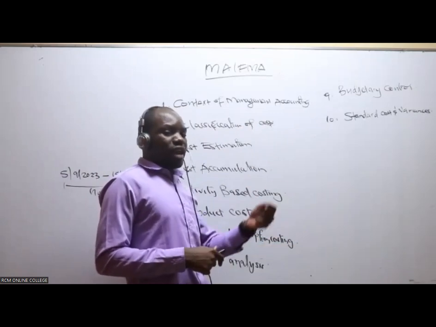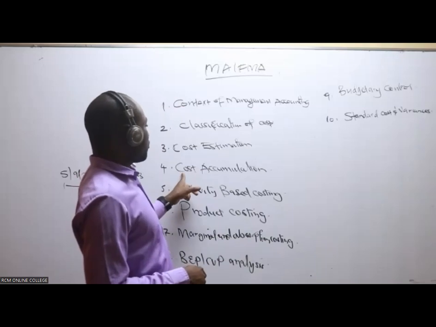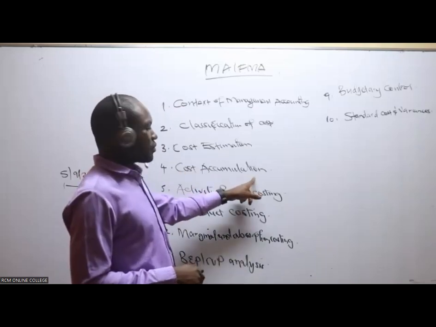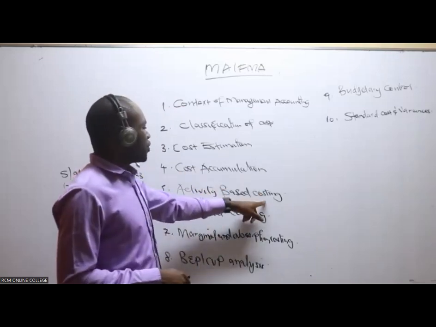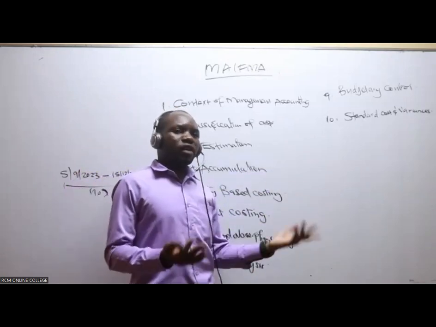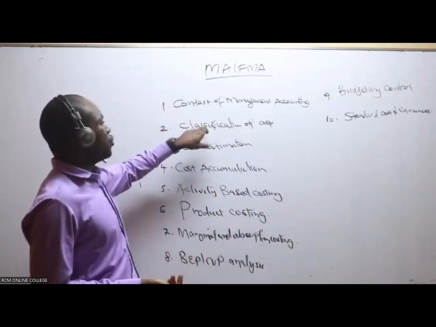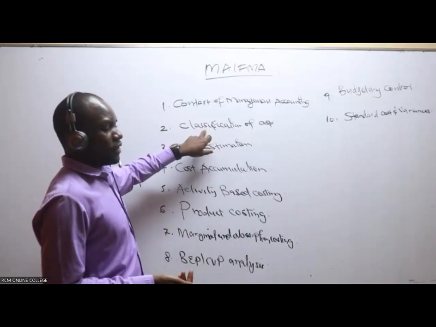Material cost, direct labor cost, production overhead cost. Again, you are now going to discuss it here. When you come to activity-based costing, we have the direct cost, and then now we have the apportionment of the overheads. The overheads, again, in topic number 5, still taking you to classification of costs.